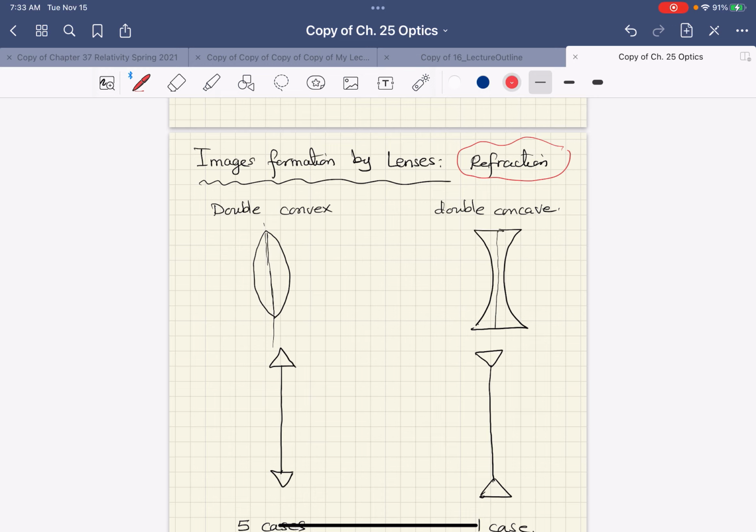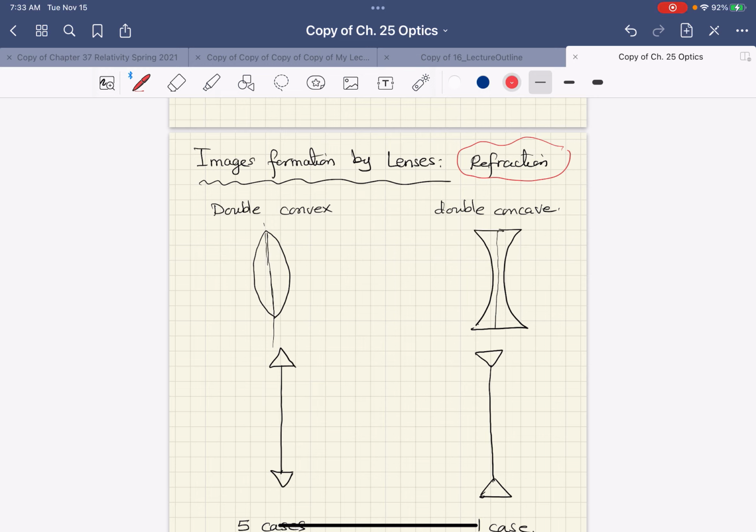Now we have so many types of lenses. They are made from plastics or glass. The ones that we are going to focus on today are the double convex and the double concave.